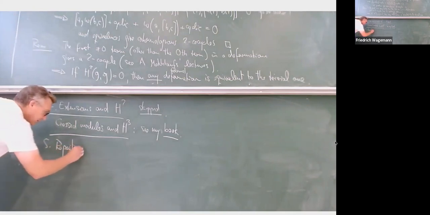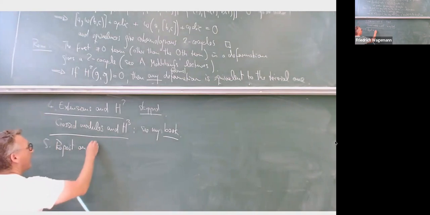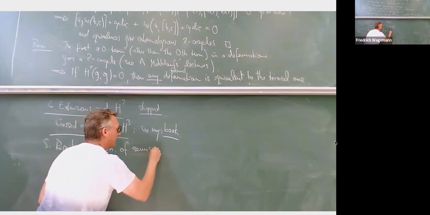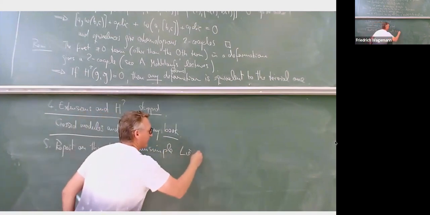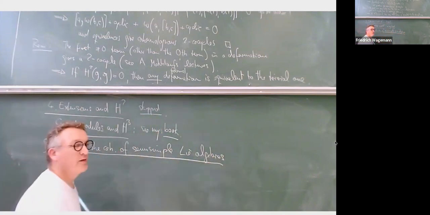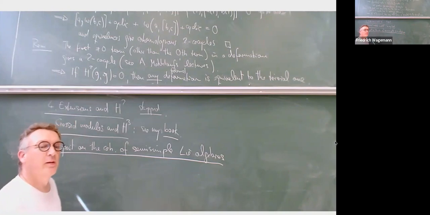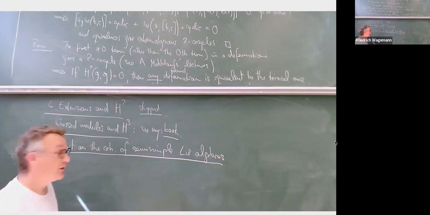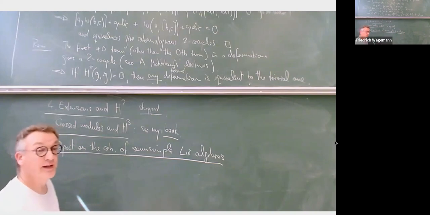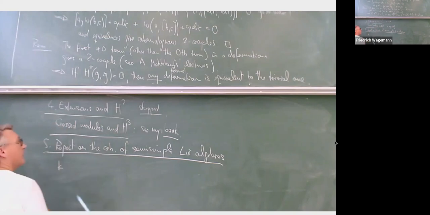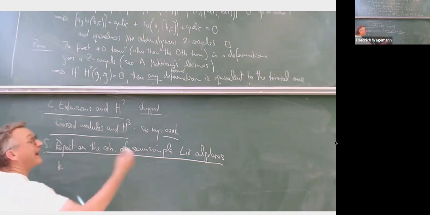Report on the cohomology of semi-simple algebras. So in order to put into perspective our theorem with Jörg Feldvoss, I want to talk to you about what is known about the cohomology of semi-simple Lie algebras, in order to compare it later to the cohomology of semi-simple Leibniz algebras.